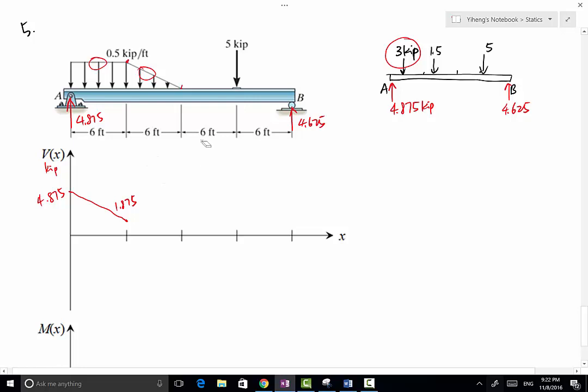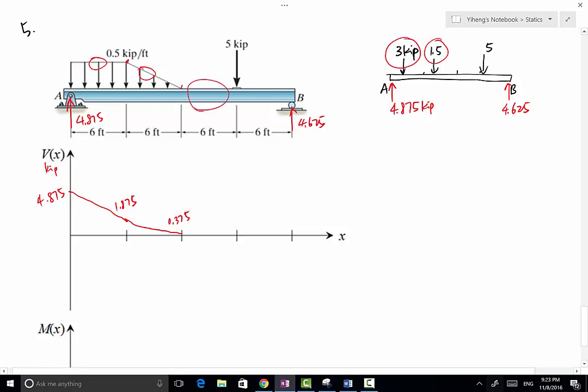So that's the shape for the second half. But by how much? It's going to decrease by this much, 1.5. That's the magnitude here. So 1.875 minus 1.5, it's going to decrease to a point that is here with a magnitude of 0.375.